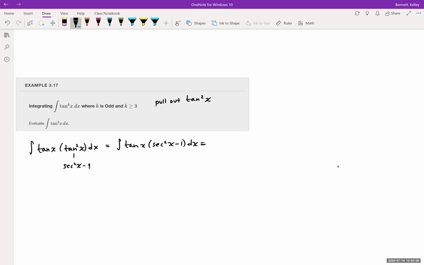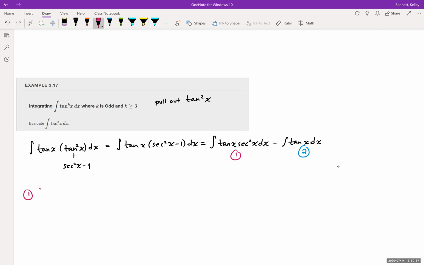I'm going to break this into two separate integrals, and you'll see why in a second. So I get the integral of tan x secant squared x dx minus the integral of tan x dx. Let's do this one first, and we'll do this one second.